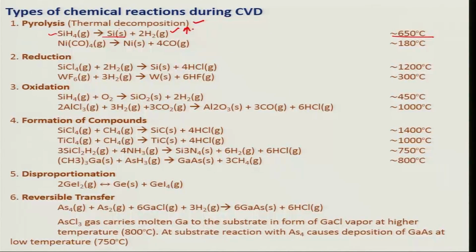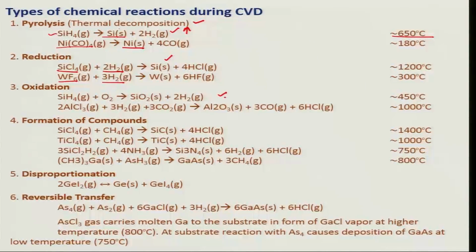For deposition of nickel, you can use nickel carbonyl gas. Another reaction is reduction of SiCl4 with hydrogen or WF6 with hydrogen, resulting in one solid material, which is the thin film, and a gaseous byproduct. You can see the temperature ranges for various reactions.